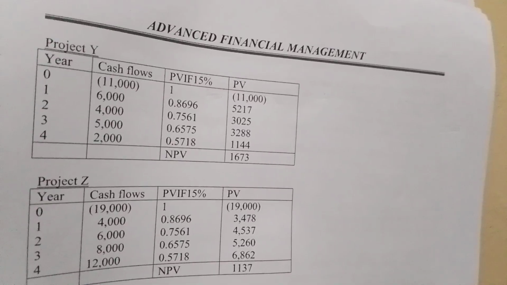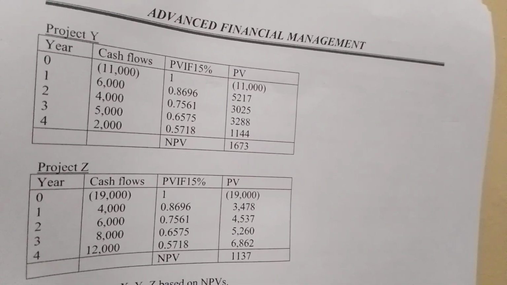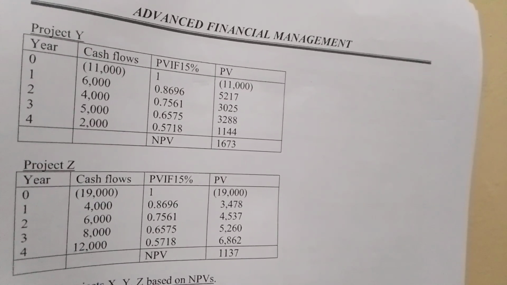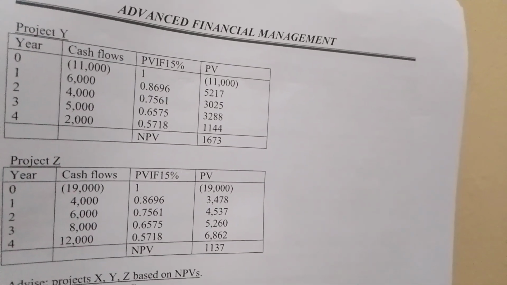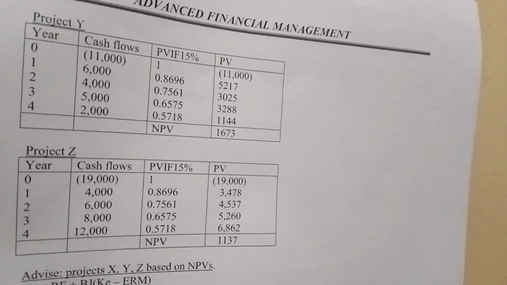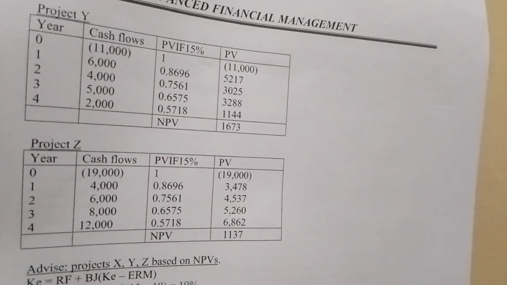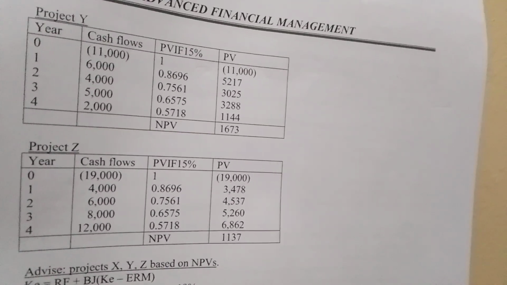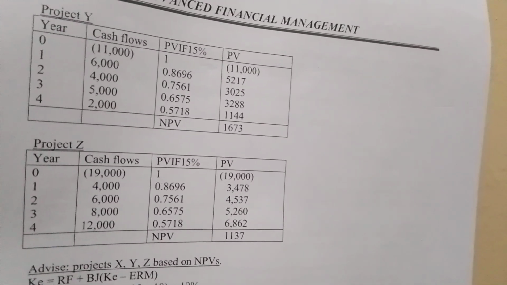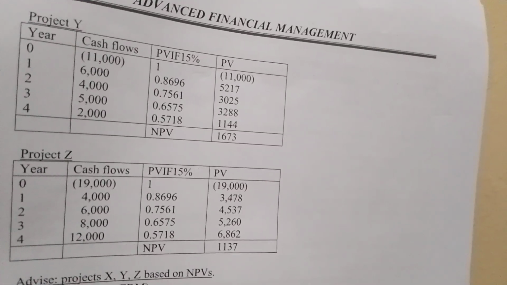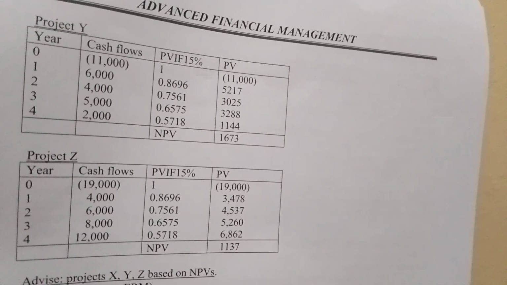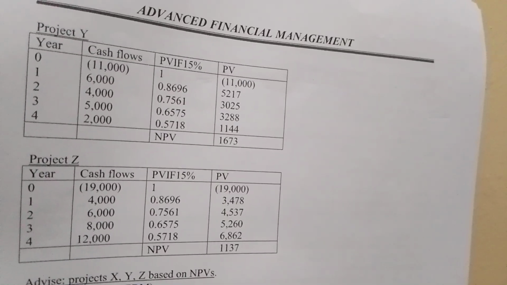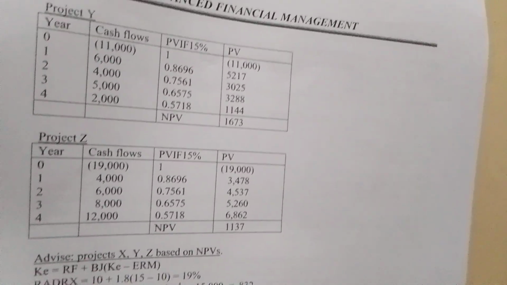You can as well calculate by taking 1 plus r raised to negative n. Then you multiply by the cash flows to get the present values. Sum up that, and remember to subtract the 11,000 because it is the initial capital outlay. So the net present value for project Y is 1673.